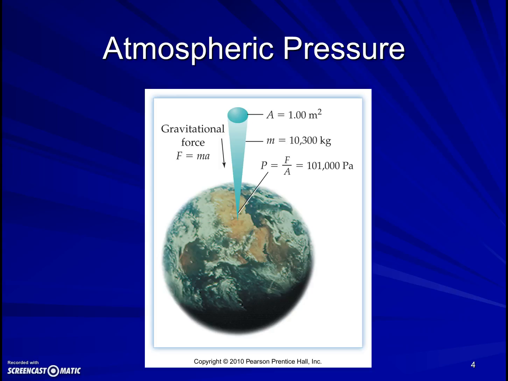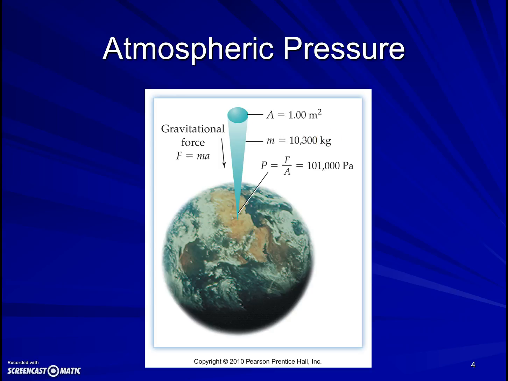The gas molecules that are above us have a certain amount of weight to them, and if we add up the masses of all of the gases that are on top of us, it turns out that a square meter of gas multiplied by the height of our atmosphere gives you 10,300 kilograms.